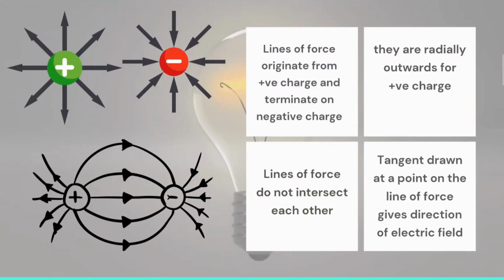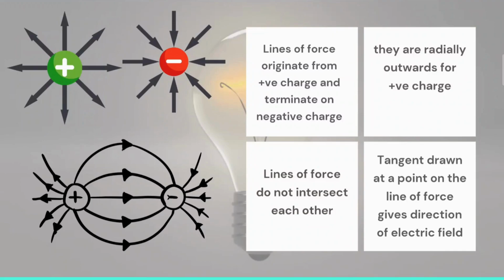So the direction of force experienced by the test charge is taken as the direction of electric lines of force, which are called electric field lines. The direction in which a test charge will move near a source charge is taken as the direction of the electric field at that point.